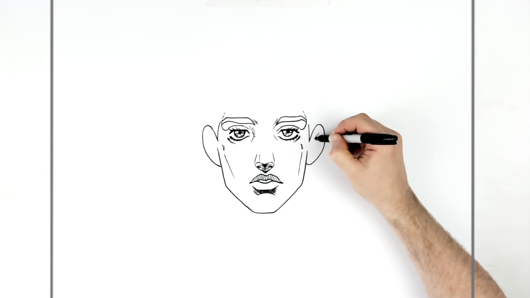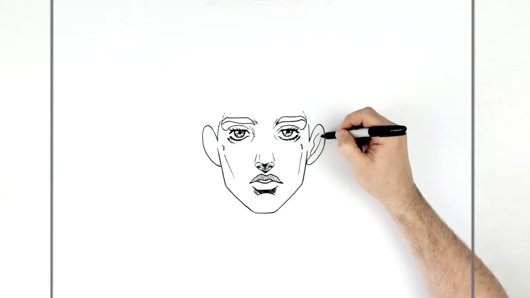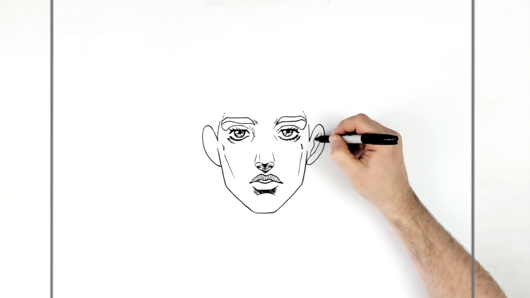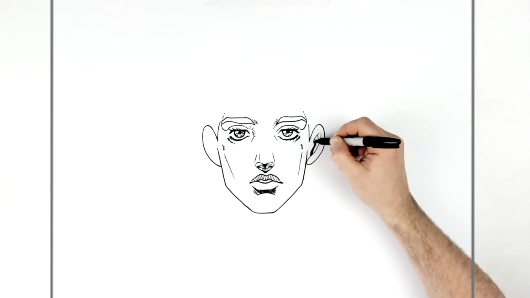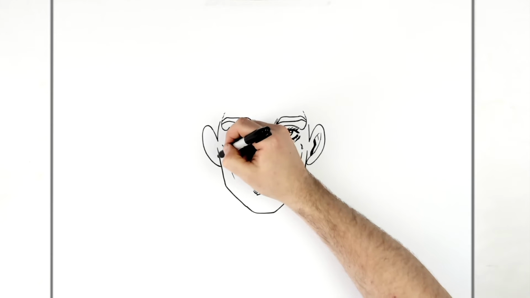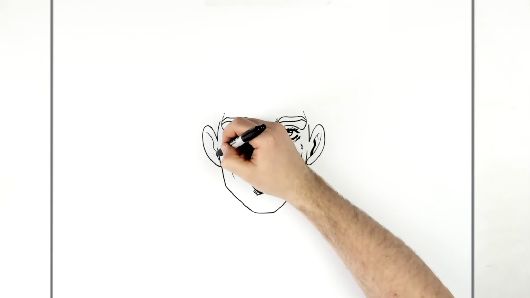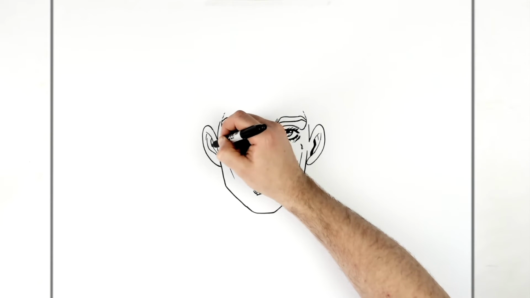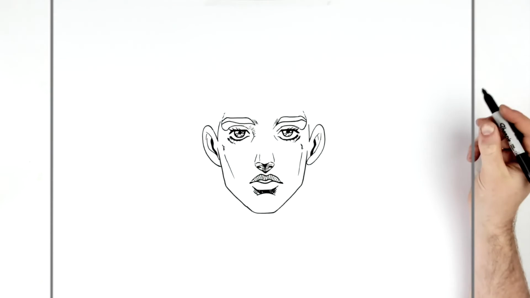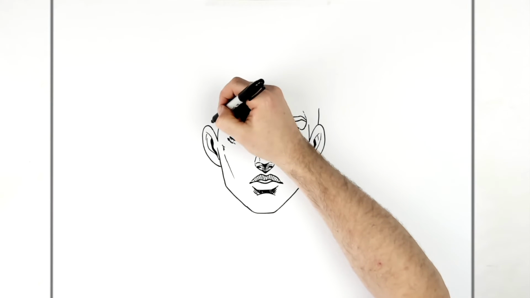And cartilage and ear lines and things inside. We're going to put a shadow in here. Like that. And then back up here, side of his head.